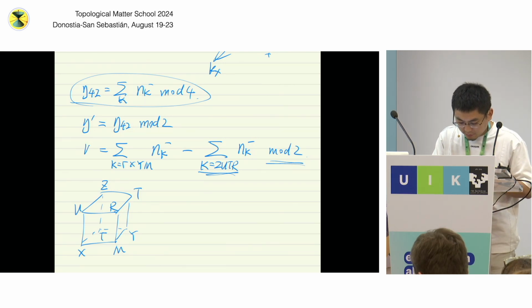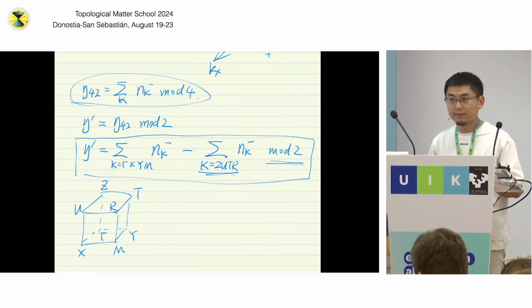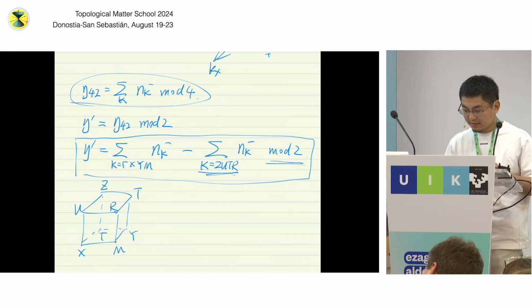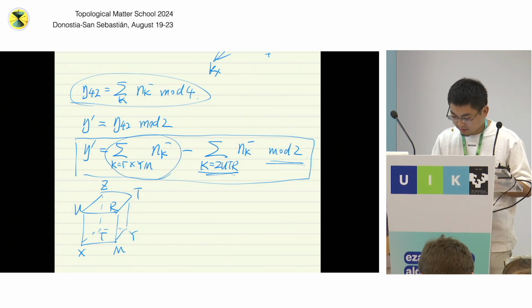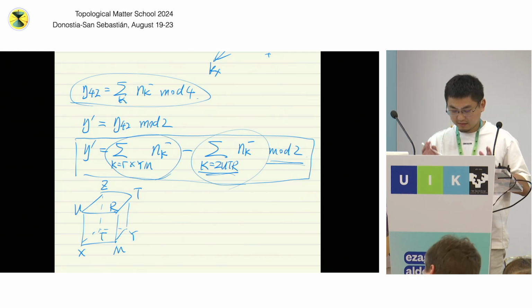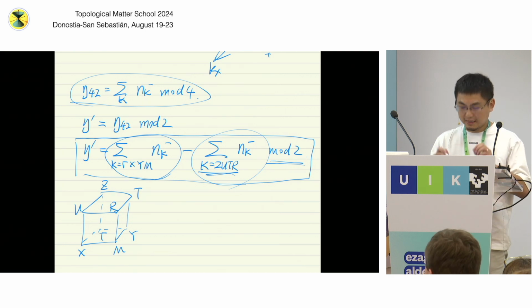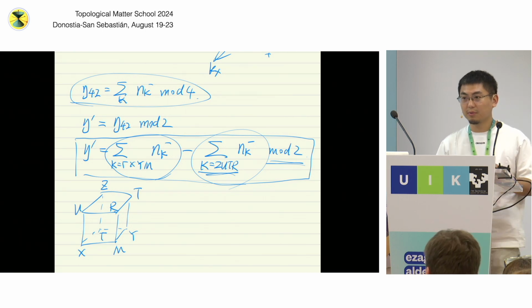So anyway, we can put this eta prime in this form, and remember that this quantity is nothing but the parity of the Chern number at the corresponding kz plane, right?